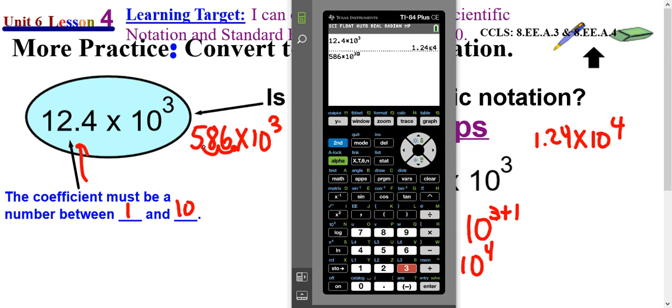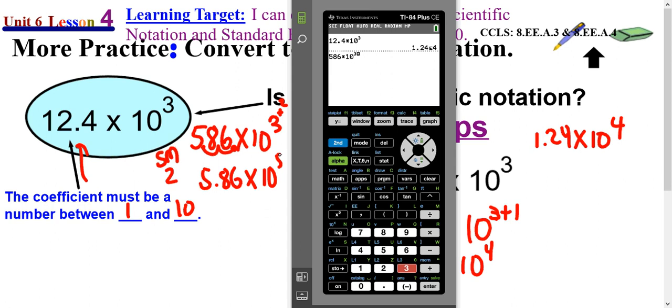I made the number smaller by 2, so I know that it's now 5.86. Since I made that smaller by 2, I have to add 2, making the exponent larger. So it's 10 to the fifth. So 5.86 times 10 to the fifth is the same thing as 586 times 10 to the third.